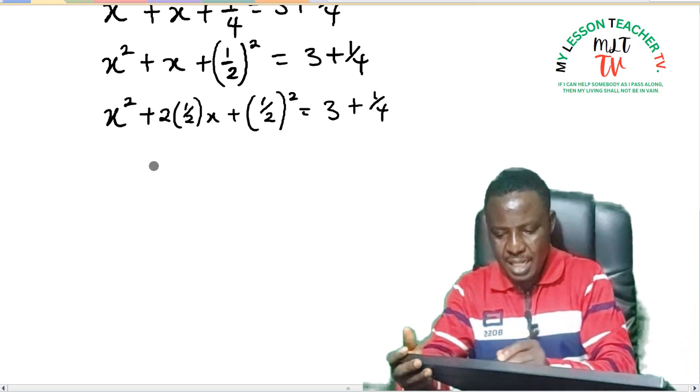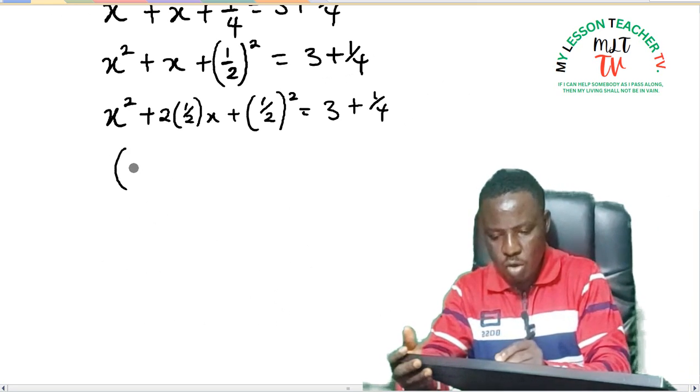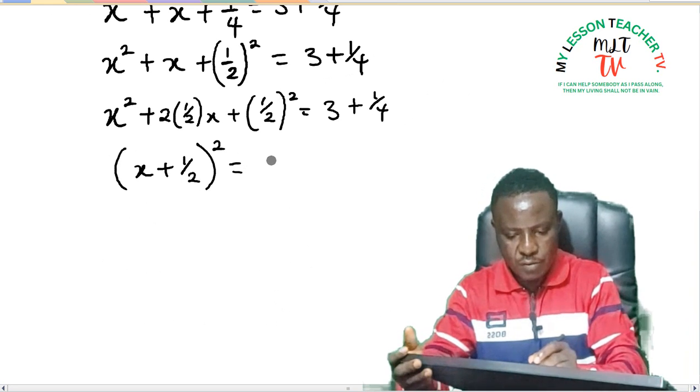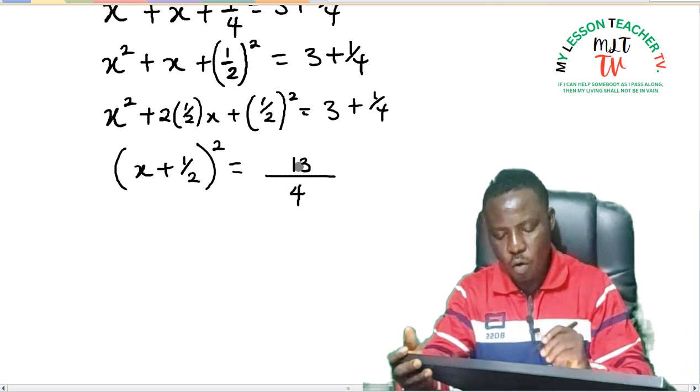So factorizing this, which is a perfect square, it now gives us x plus 1 over 2 squared is equal to, let's solve this. The LCM is 4. So this is 3 and 1/4. That is 12 plus 1, which is 13. So this is 13 over 4.